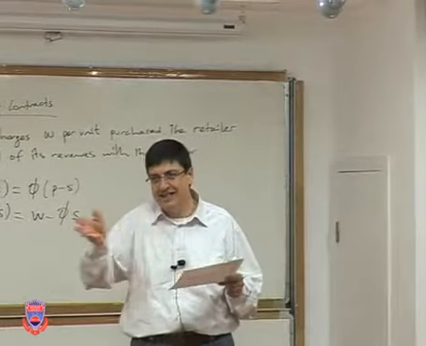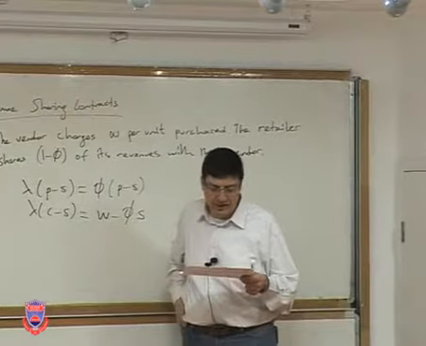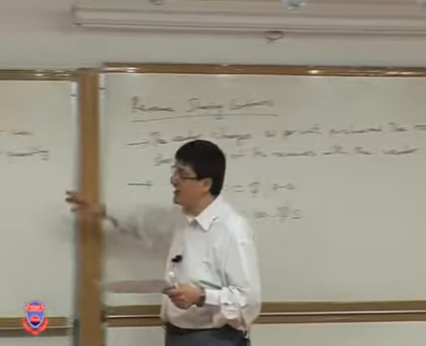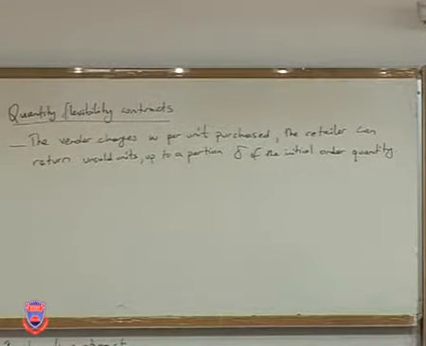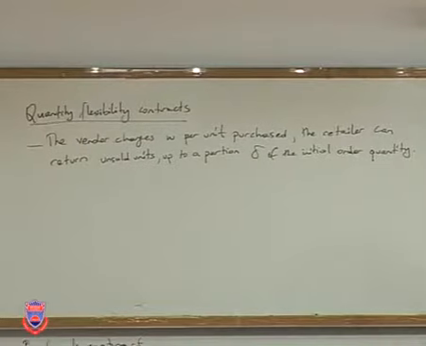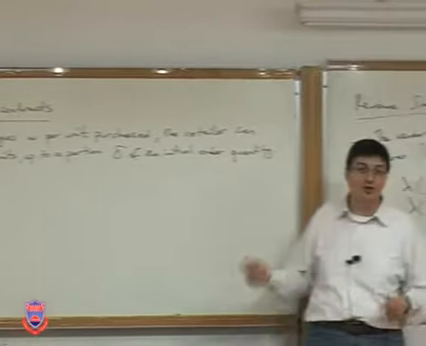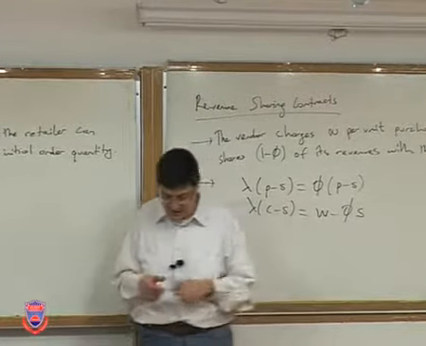So you can see that they are very similar in a lot of aspects. But of course, the way that the risk is shared by the vendor and the buyer is going to be a little bit different. Now, it turns out that this contract also coordinates the system, the single problem.